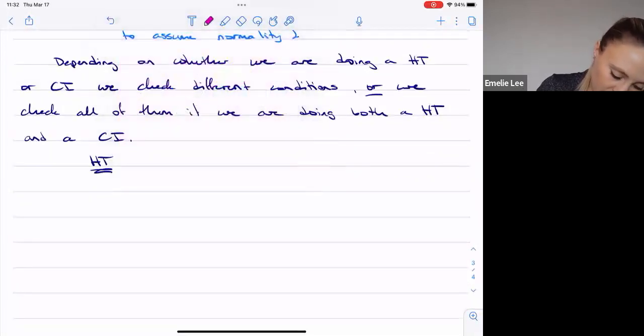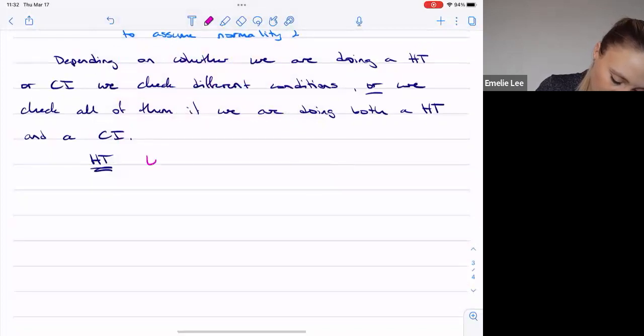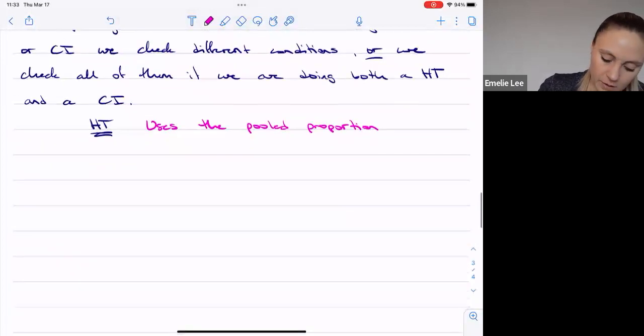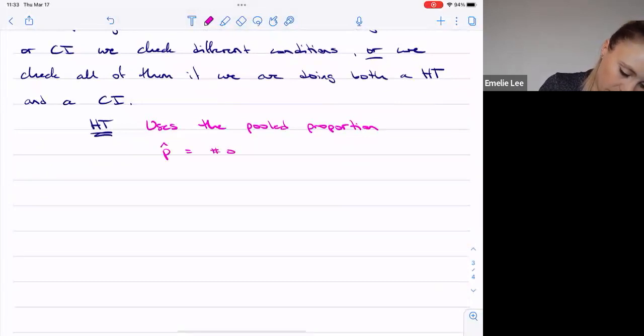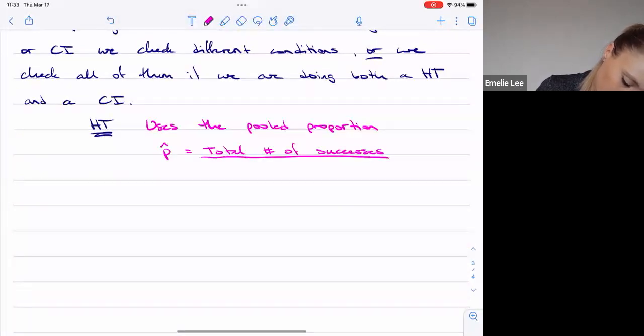And so here, if you have a hypothesis test, it uses the pooled proportion, P hat, which is the total number of successes over the total sample size.